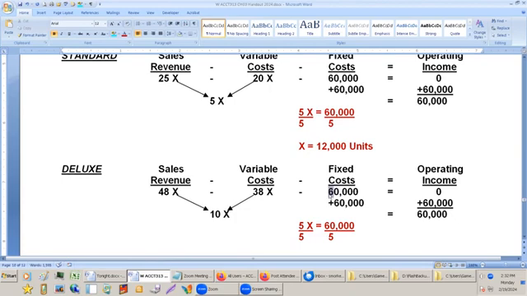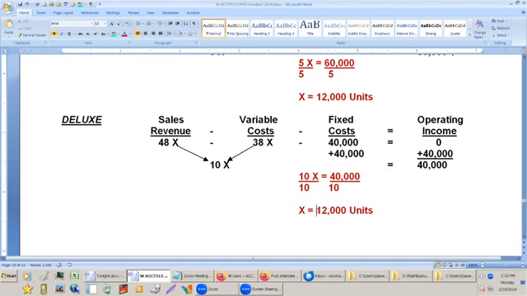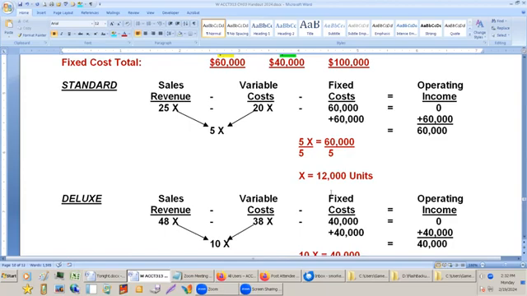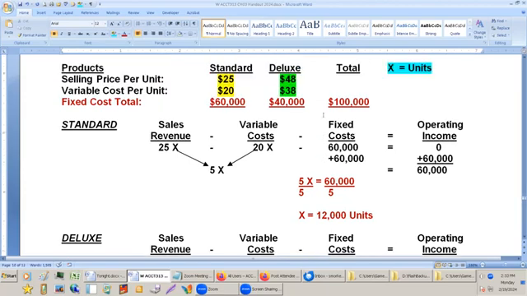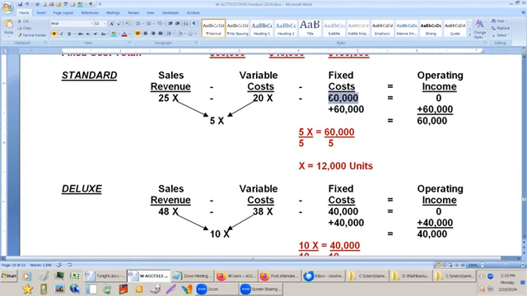And the fixed costs were 40,000. All right, so here's the important one. These important numbers here are these fixed costs. These are what we split up. These were the ones that are the problem. The rest of this is not, I mean, you've already done this, what, 5 or 6 times?